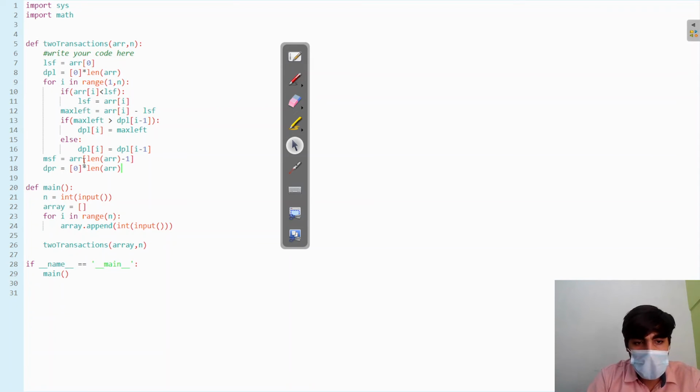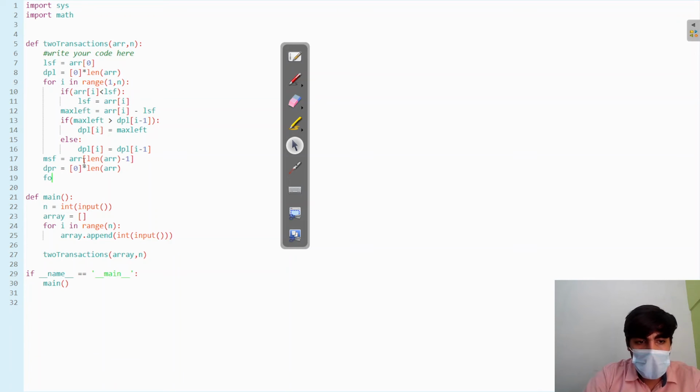Okay, now our for loop, I in range of, we are iterating from the last, so length of ARR minus 2, decreasing by 1 and minus 1.